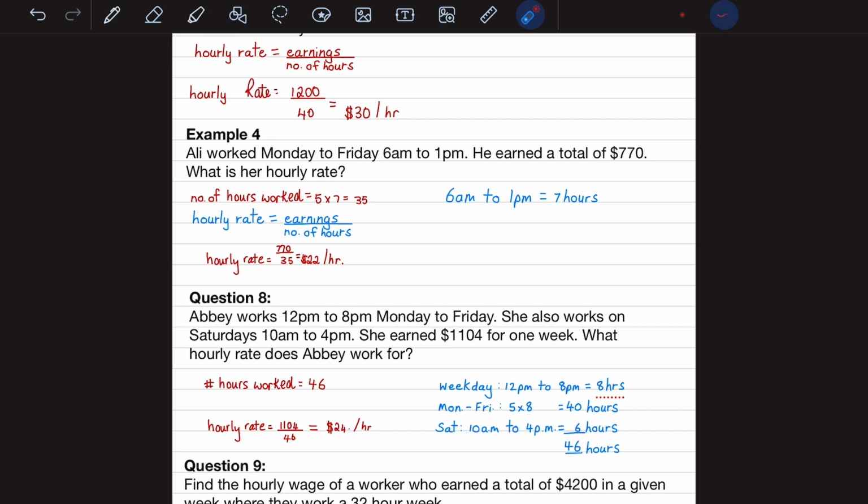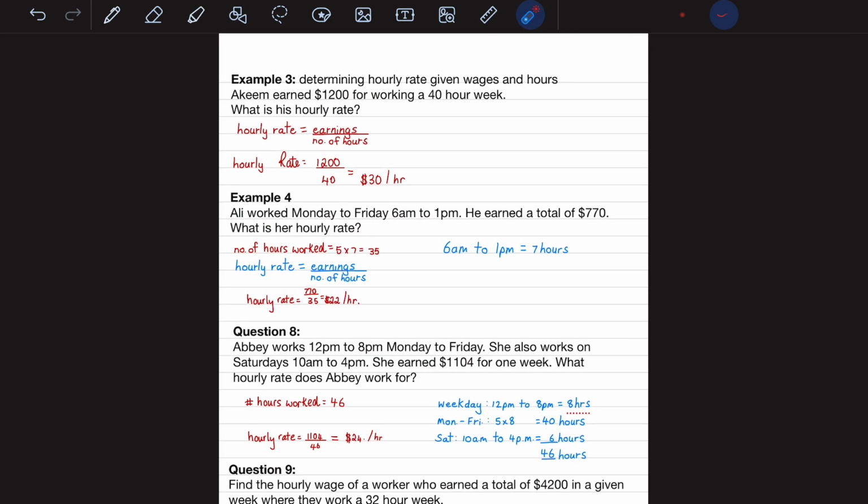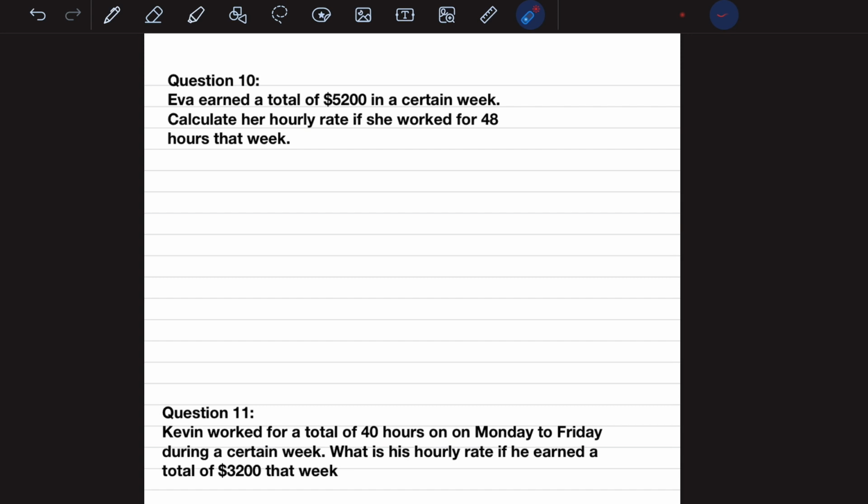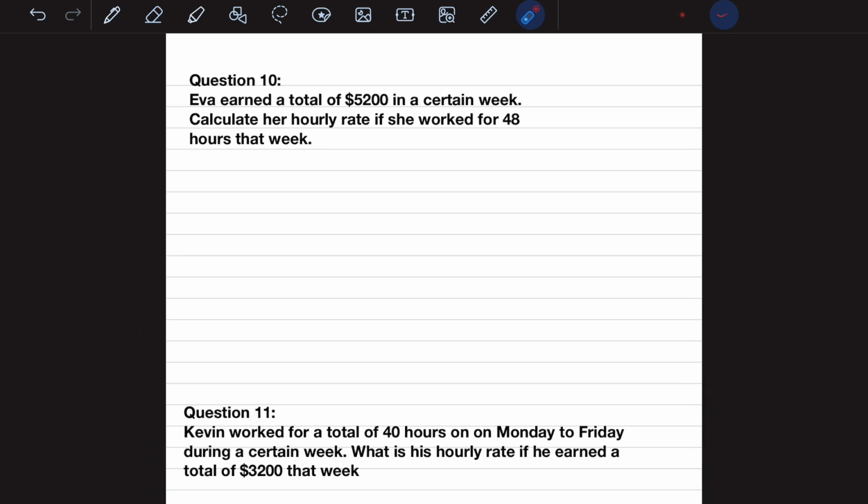And question 8 and 9 is similar to the examples above. Alright, so these are fairly simple. So once we are finished, we can move on. Remember to make your corrections. Alright, so these are just more questions. We can skip these for now.